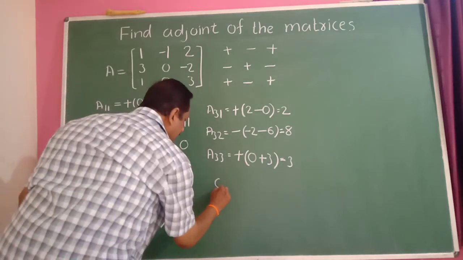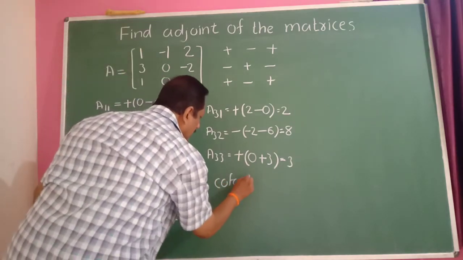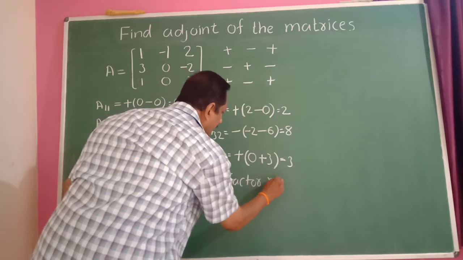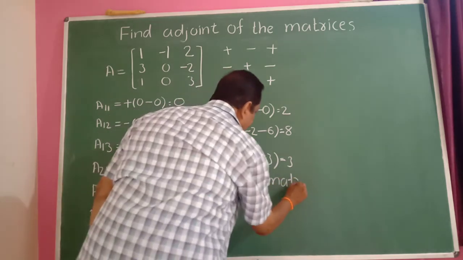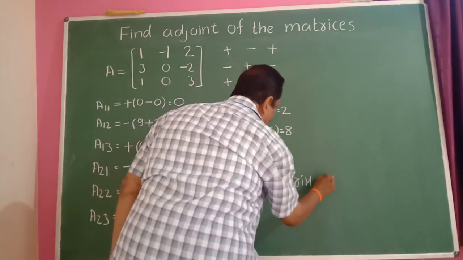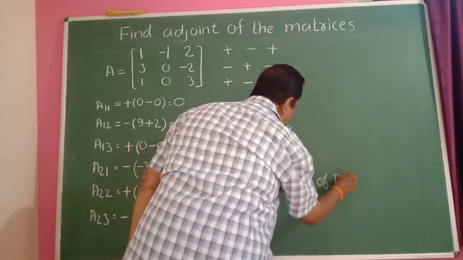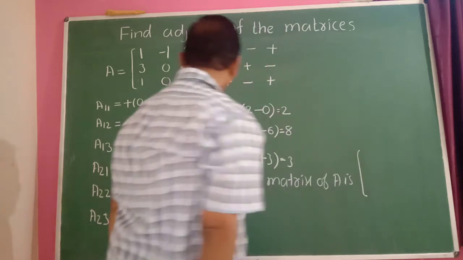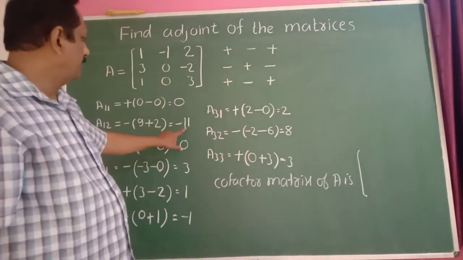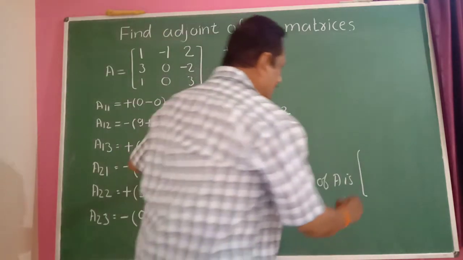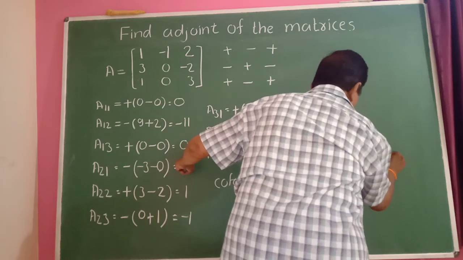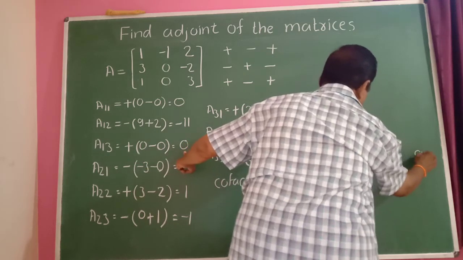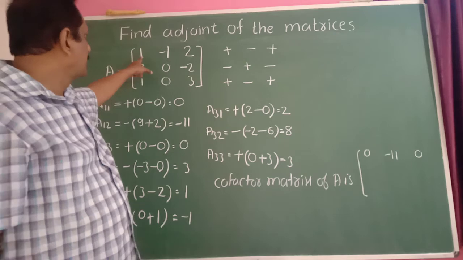Therefore, the cofactor matrix of A is: 0, minus 11, 0. These are the cofactors of the first three elements.